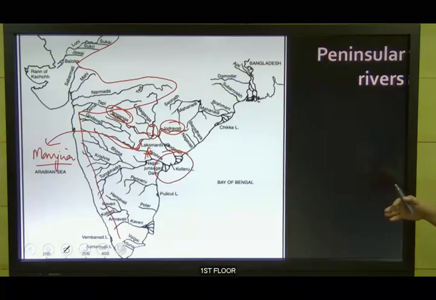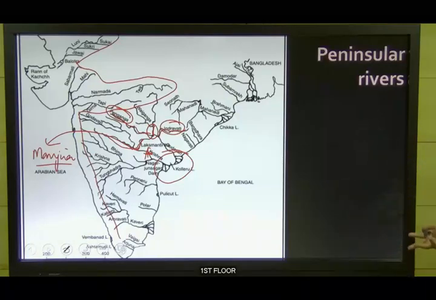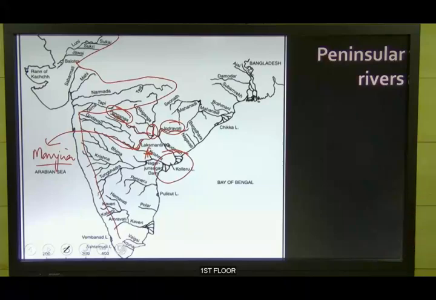Which came first, whether the divide came first or the flow came first, it is nothing. Both of them developed simultaneously. Because of the divide the flow is happening, and because of the flow we are able to identify the divide. It's a chicken and egg sort of a thing.